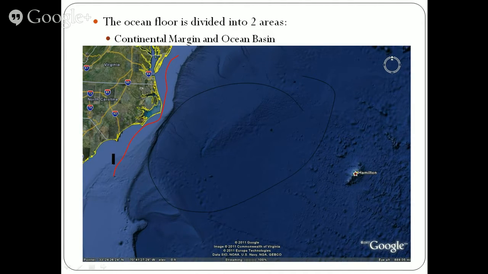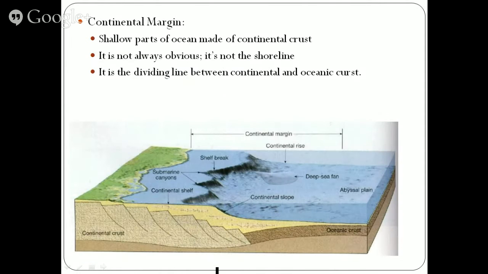So your continental margin is technically still continental crust. Your ocean basin is the transition point. You've moved over into oceanic crust. Well, let's get into a little bit of depth about this. So your continental margin is very shallow. It's still, like I said, continental crust. Now, it's not the shoreline.